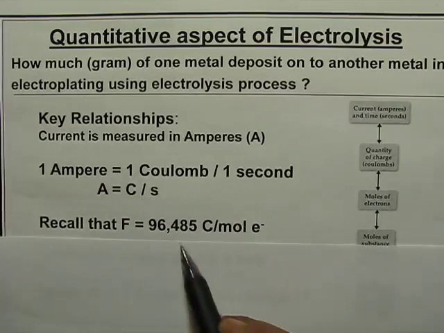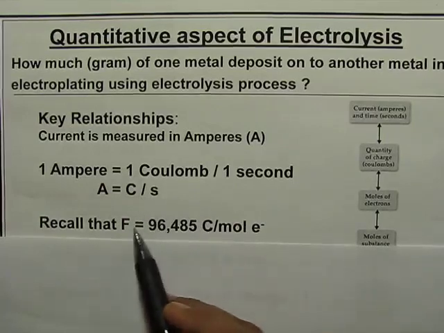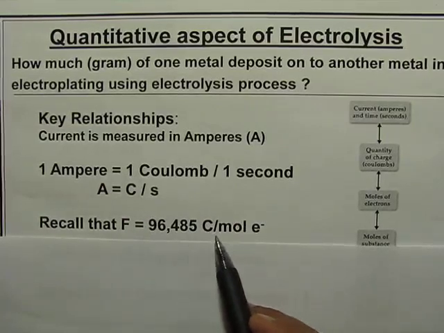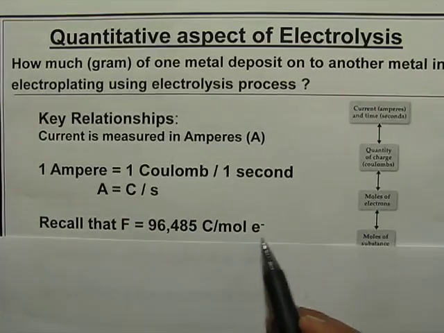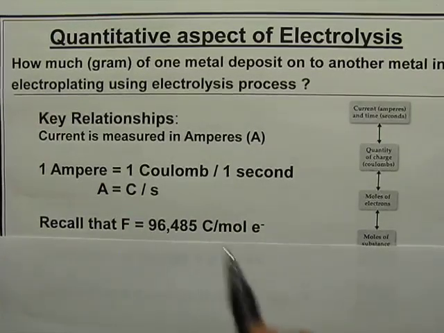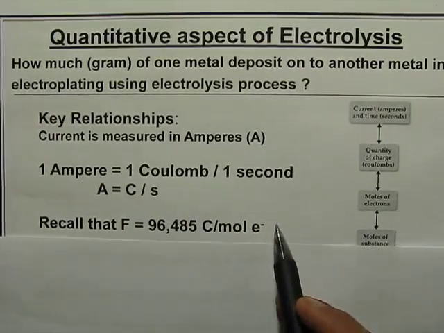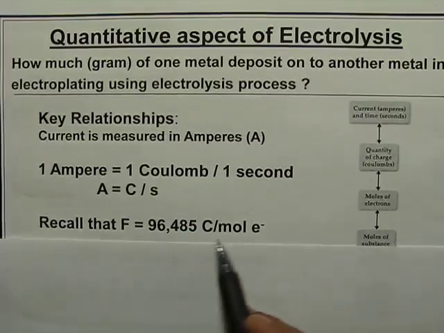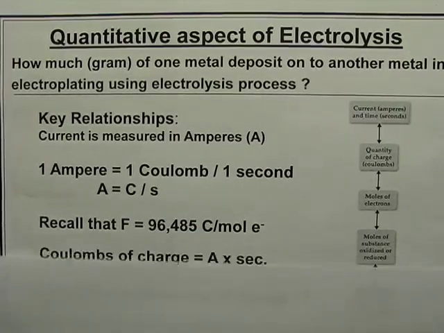So we can convert from ampere to charge, which is in coulomb, and then convert this coulomb charge into number of moles, how many moles of electron we are pumping in the electroplating process, using the Faraday relationship.